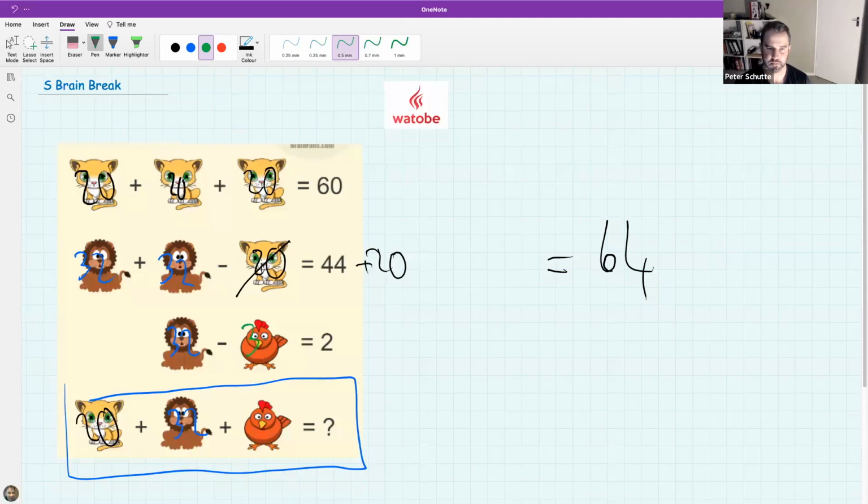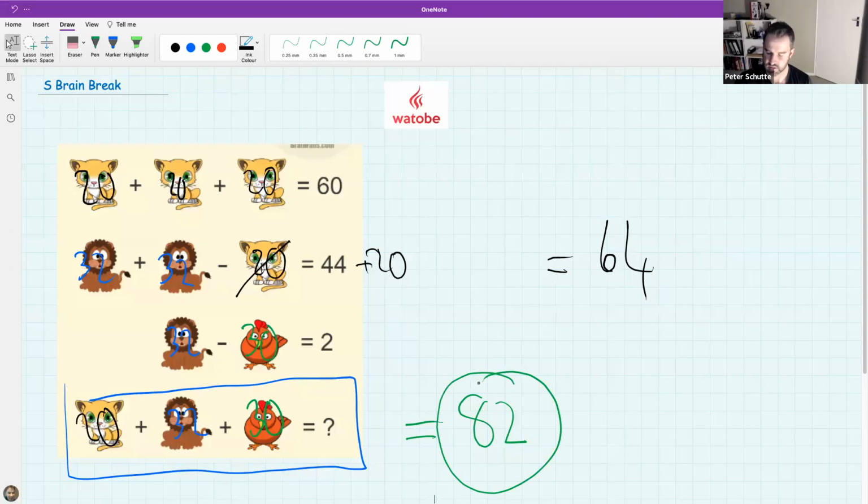Okay, that must be 30. So our final thing is it's pluses. So BODMAS is not, you just add them any way we like. And 20 plus 32 is 52 plus 30 more should give us a final answer of 82.